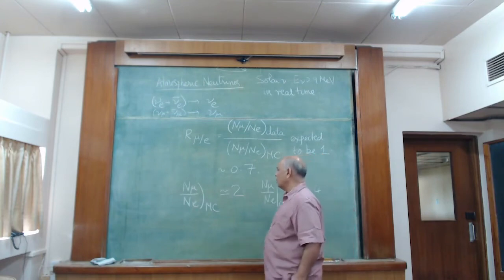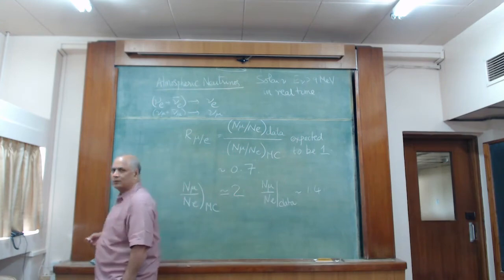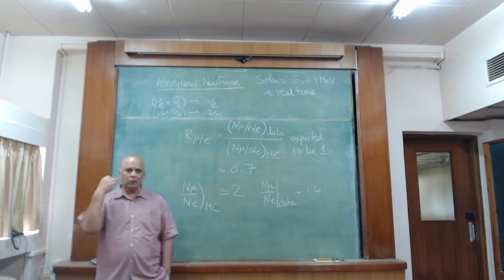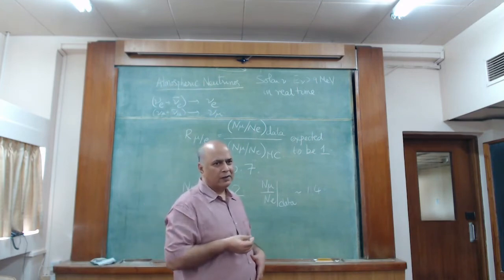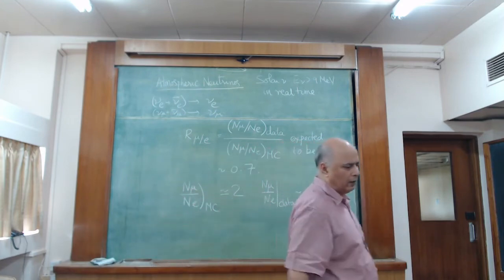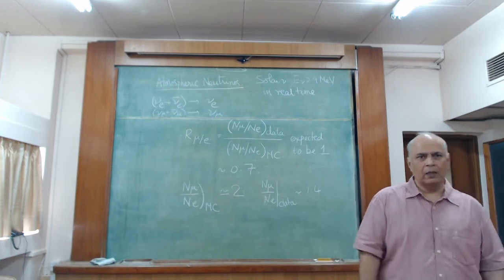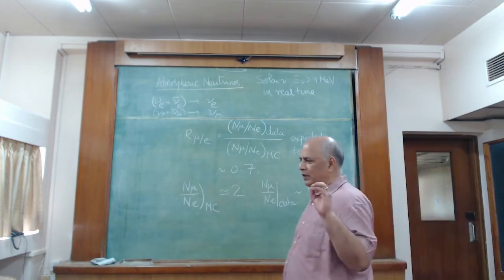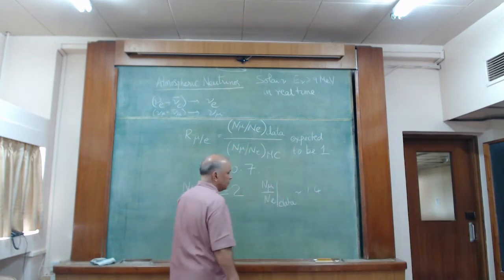Now, why am I taking nu by ne? Why don't I look at mu as one data set and ne as a different data set? So why don't I take mu separately and ne separately and look at them? The problem is the uncertainty in neutrino fluxes.